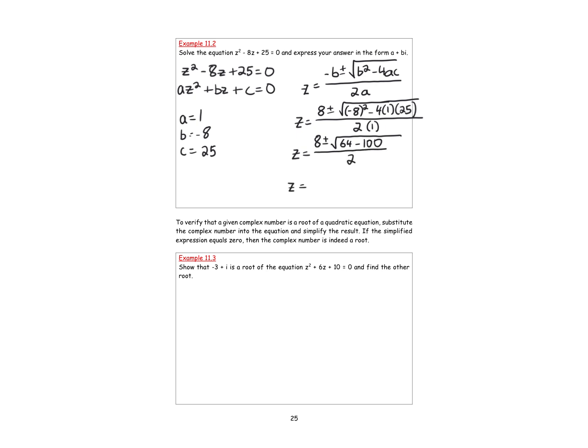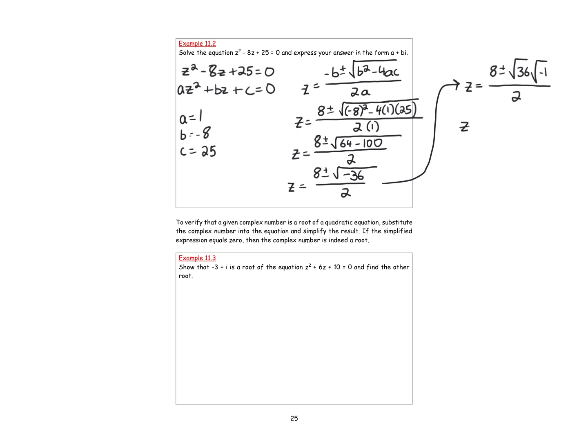Simplifying it again, we have 8 plus or minus the square root of 64 minus 100, which gives us -36, all over 2. Like the last time, I'm going to change the -36 into an imaginary number. I'll end up with z is equal to 8 plus or minus the square root of 36 multiplied by the square root of -1, all over 2.